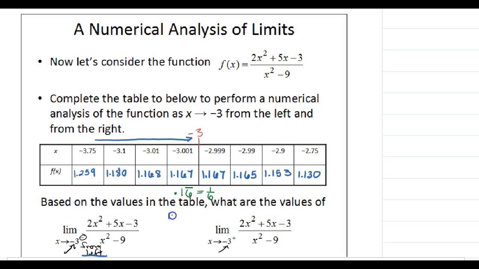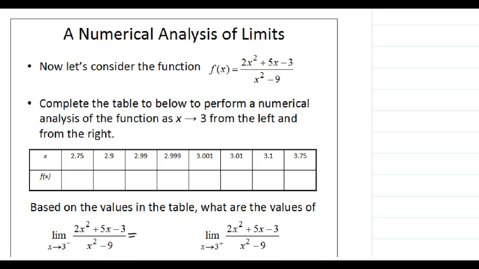So 1.16 repeating is the equivalent of 1 1/6, or 7/6, which is what we found at the beginning of this lesson was the y value of the discontinuity. And if I approach from the right, I similarly see that I am approaching 1.167, 1.166. And so I can conclude that this is also approximately 7/6.